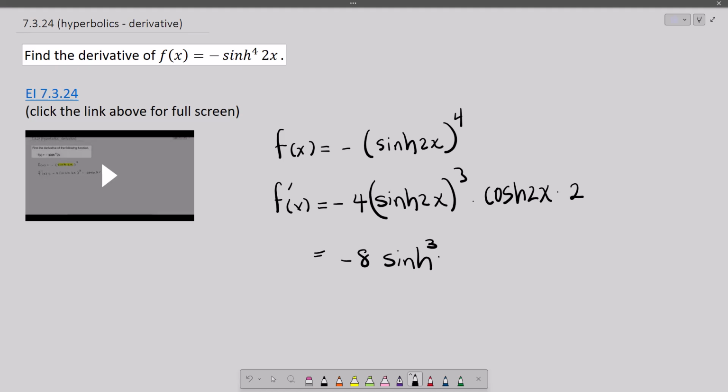And we'll go back to that shorthand notation. So we would get that as our derivative. And that makes sense? Kind of straightforward.